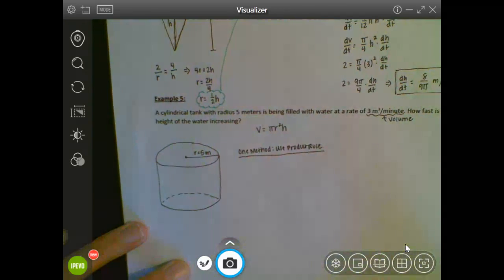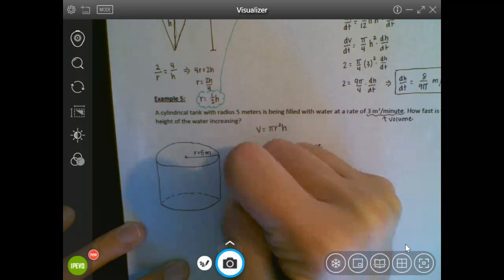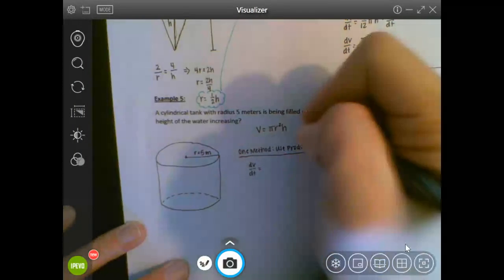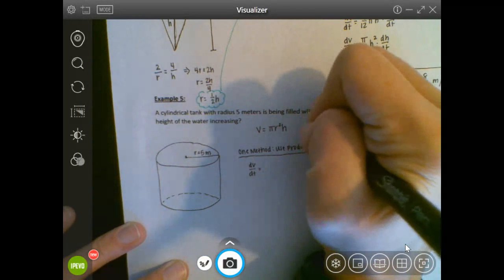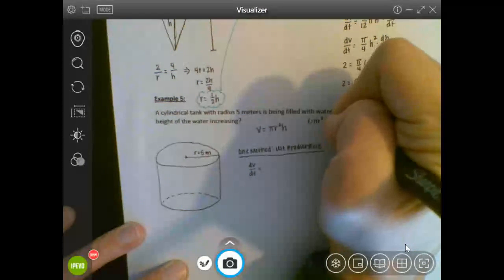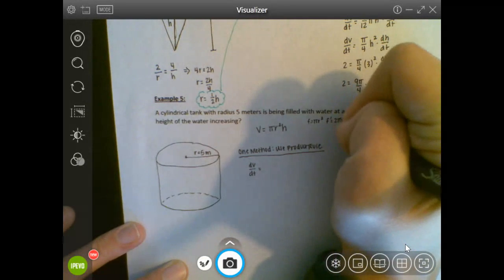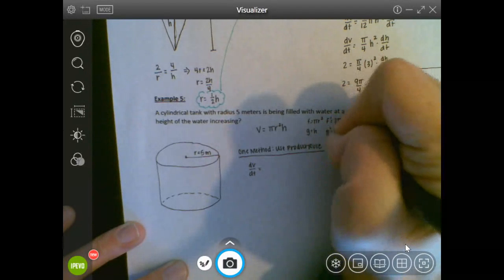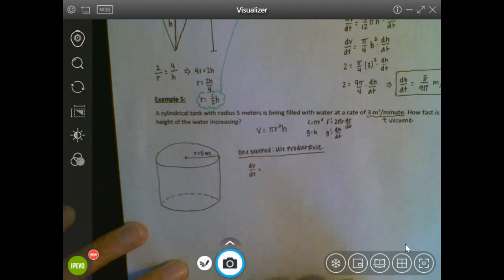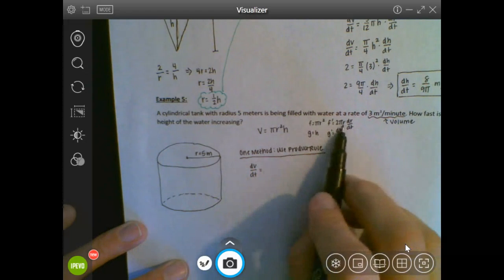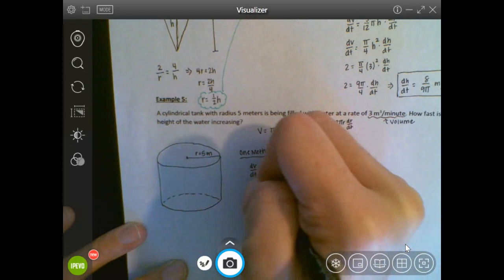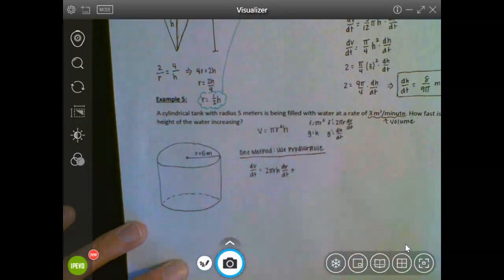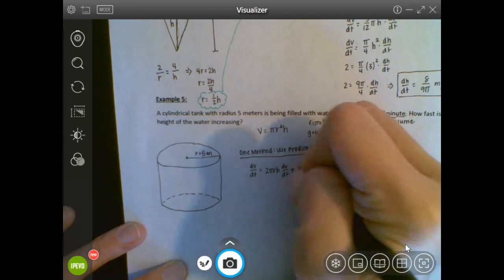In order to differentiate this, my dV/dt would be equal to, I would call my f the pi r squared, which would mean that my f prime would be 2 pi r dr/dt. And then the g I would just call h, and g prime would be dh/dt. So our dV/dt would be 2 pi r dr/dt times h, so I'm just going to write this as 2 pi r h dr/dt plus pi r squared dh/dt.